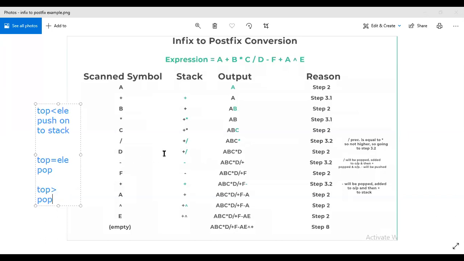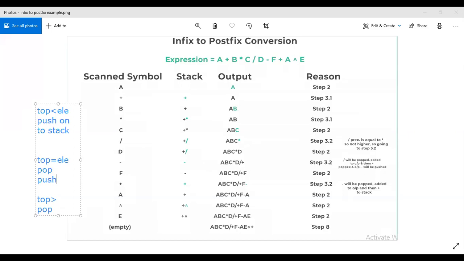Again, minus and plus are having same preference. So what I will do, the second option I will use. Again, I will pop the operator plus and give it as output. And after popping, what I have to do? I have to push my element. So push this element.